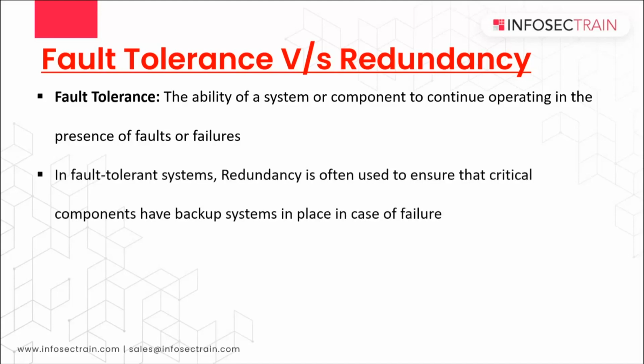For example, a redundant power supply can be used to ensure that a system continues to operate even if one power supply fails. Redundant hard drives or data centers can be used to ensure that data is not lost even if one hard drive or data center goes down.